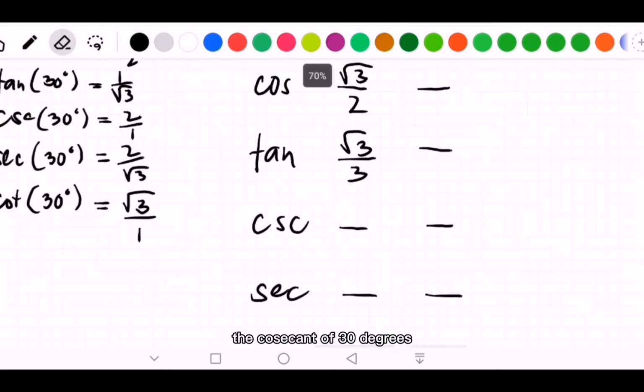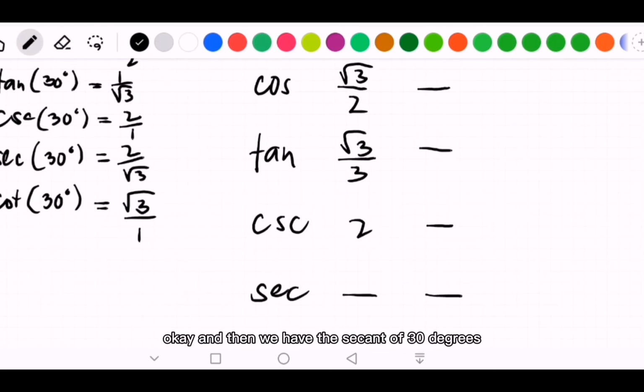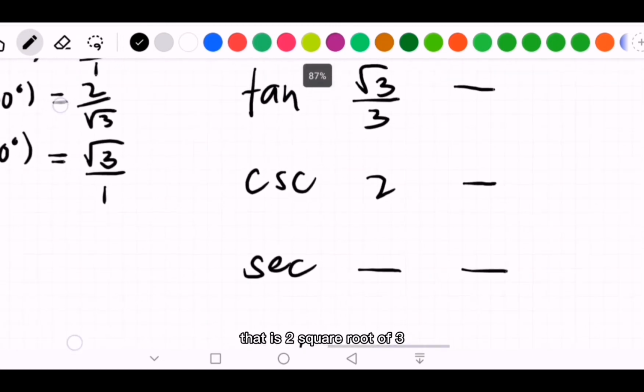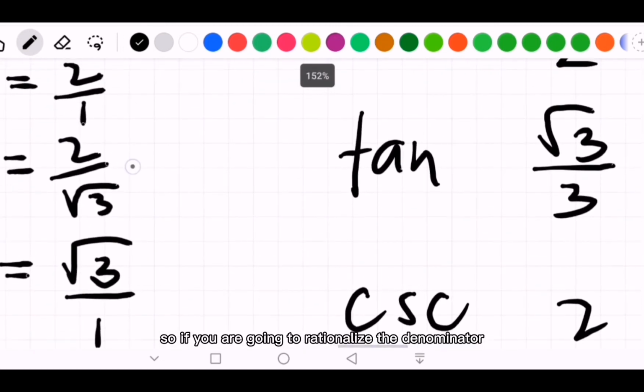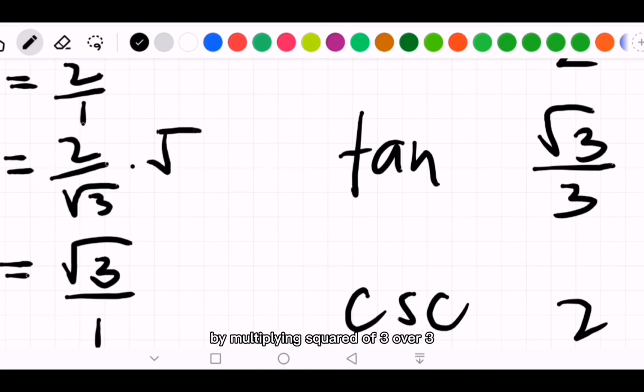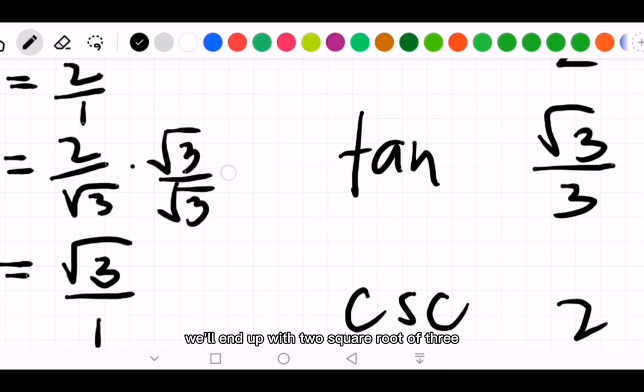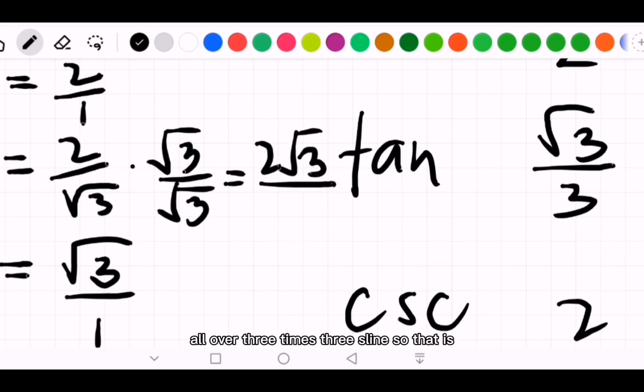Next is the cosecant of 30 degrees, which is 2 over 1. 2 over 1 is also equal to simply the whole number 2. Okay, and then we have the secant of 30 degrees, that is 2 over square root of 3. So if you are going to rationalize the denominator by multiplying by square root of 3 over square root of 3, we'll end up with 2 square root of 3 all over 3 times 3 is 9.